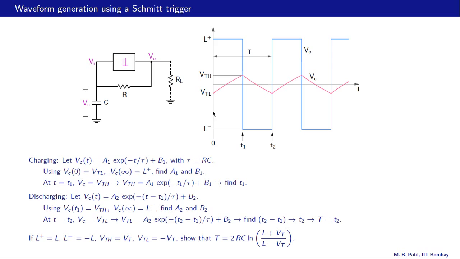In that case, we can show that this time period, that is the period of oscillation, is given by 2 RC times log of (L plus Vt) divided by (L minus Vt), where L is this L plus and Vt is the same as VTH. Now you are encouraged, of course, to go through all of this algebra and arrive at this result.